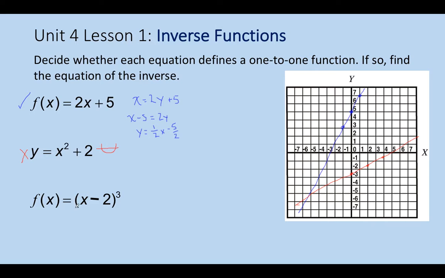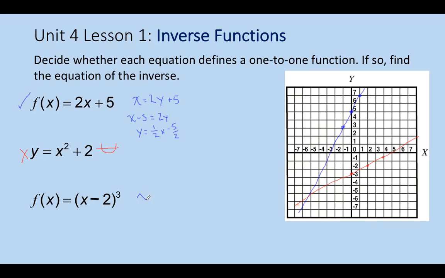You've got f of x equals x minus 2, cubed. So is this one-to-one? Well, let's go ahead and switch the x and the y.